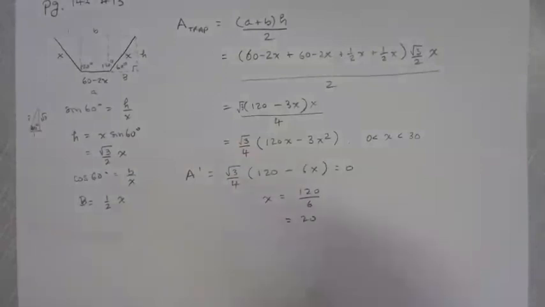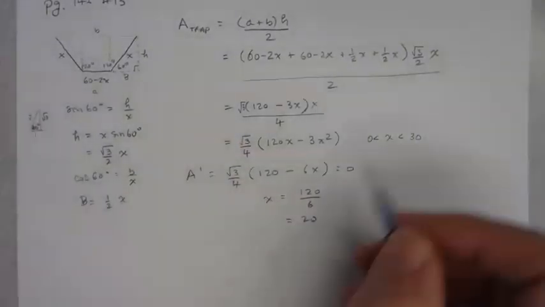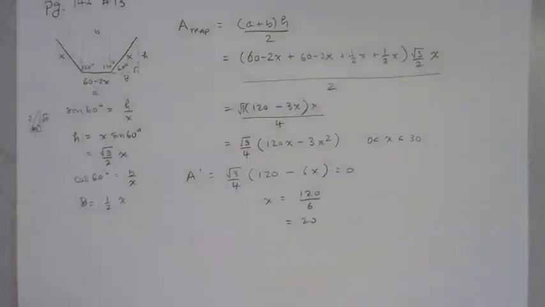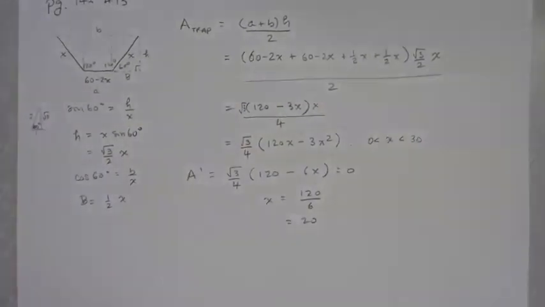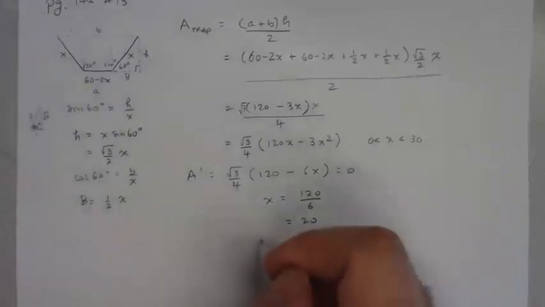Now, who can tell me why I don't need to do a number line here to know that this is going to be a maximum? By the way, it is in my domain. Who's going to tell me quickly why I don't need to do any work here to show that it's definitely the absolute maximum? Zaveri or Kether? I can go if you don't mind, Tony. Yeah. The reason why you don't need to do a number line is because this is basically a quadratic equation.